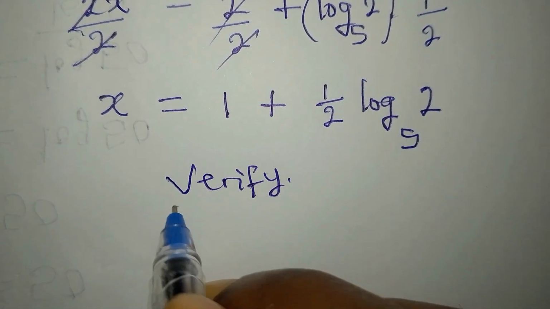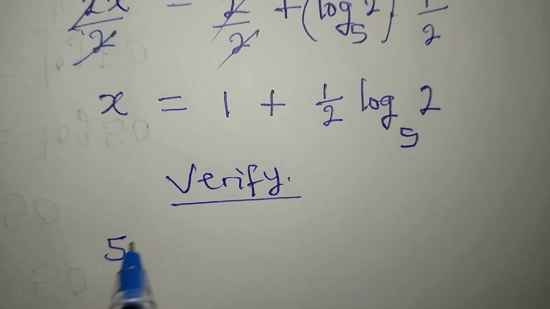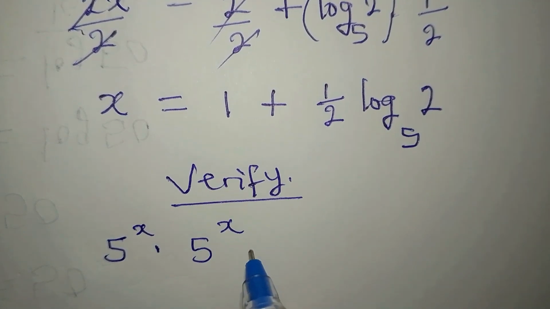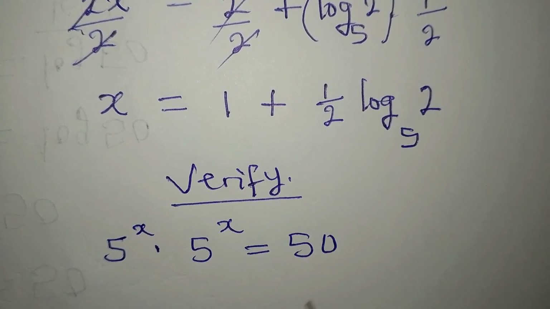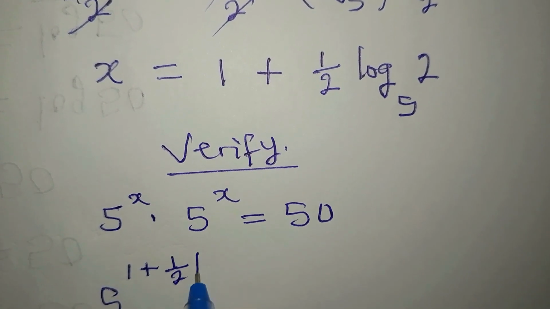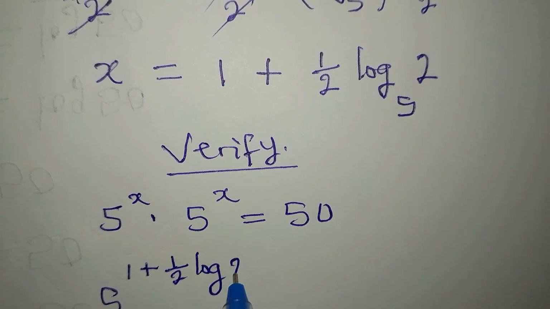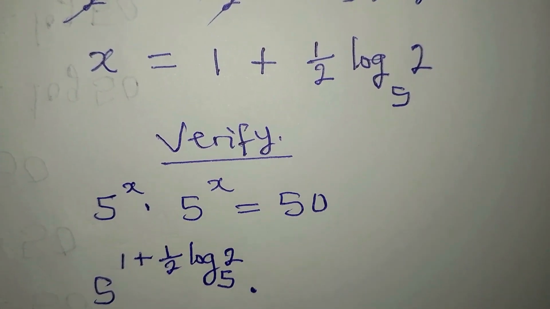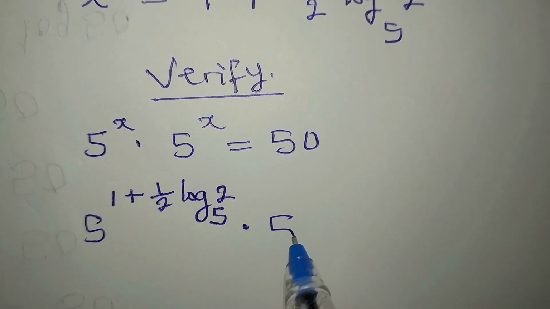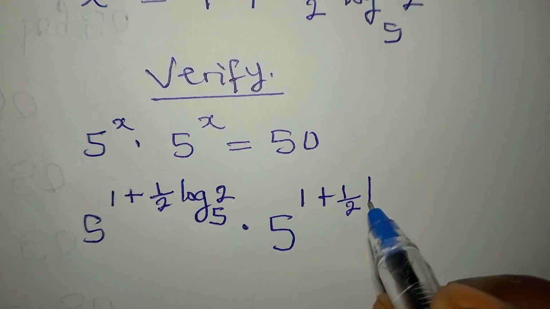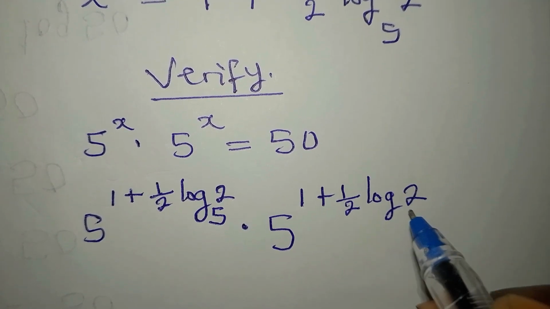We have 5 to the power of x multiplied by 5 to the power of x equals 50. In place of x, I'll write 1 plus 1 over 2 log 2 to base 5, then multiply by 5 again to the power of 1 plus 1 over 2 log 2 to the base of 5.